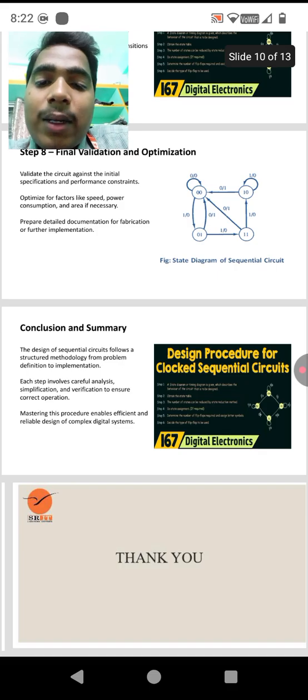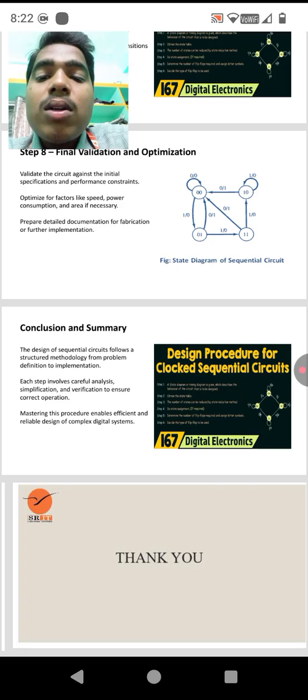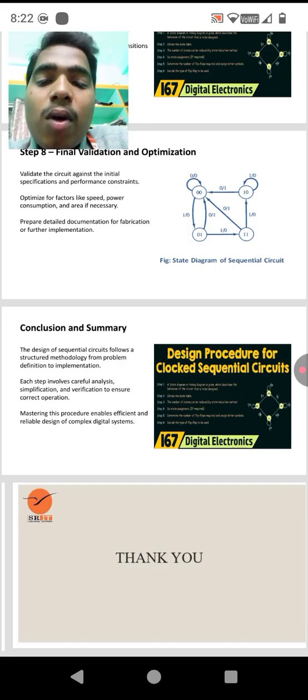Conclusion and summary. The design of sequential circuits follows a structured methodology from problem definition to implementation. Each step involves careful analysis, simplification, and verification to ensure correct operation.